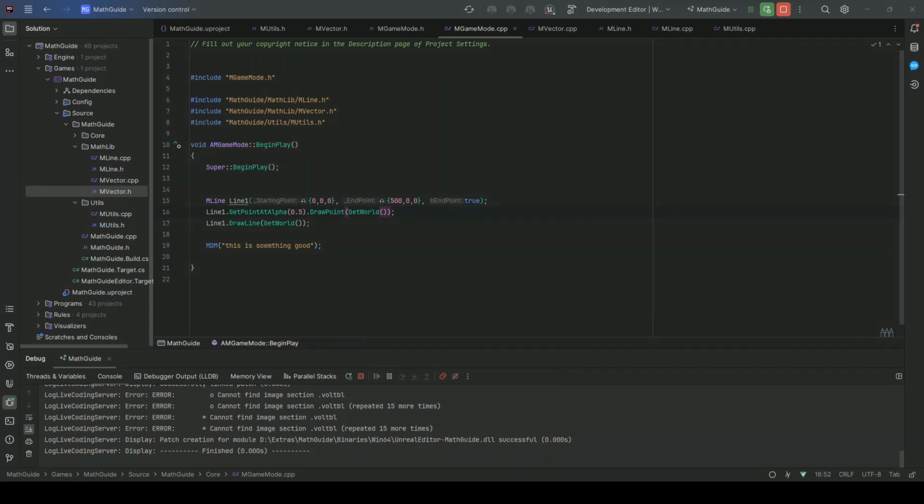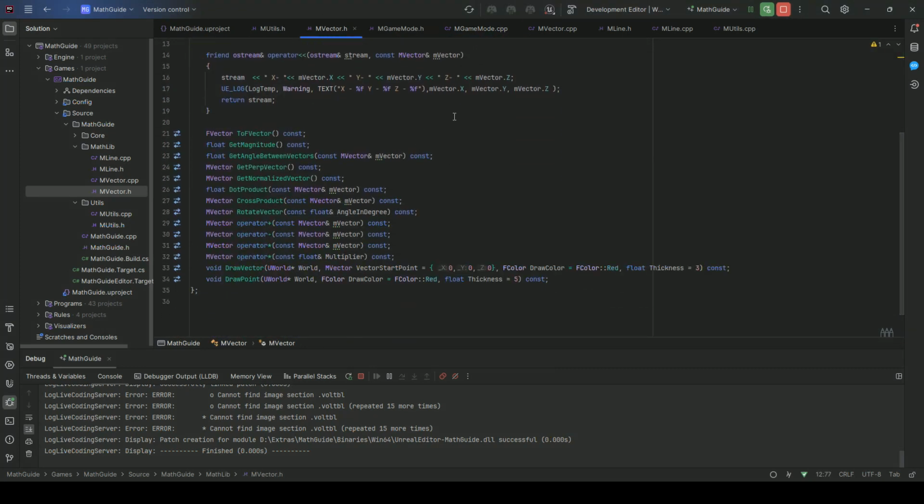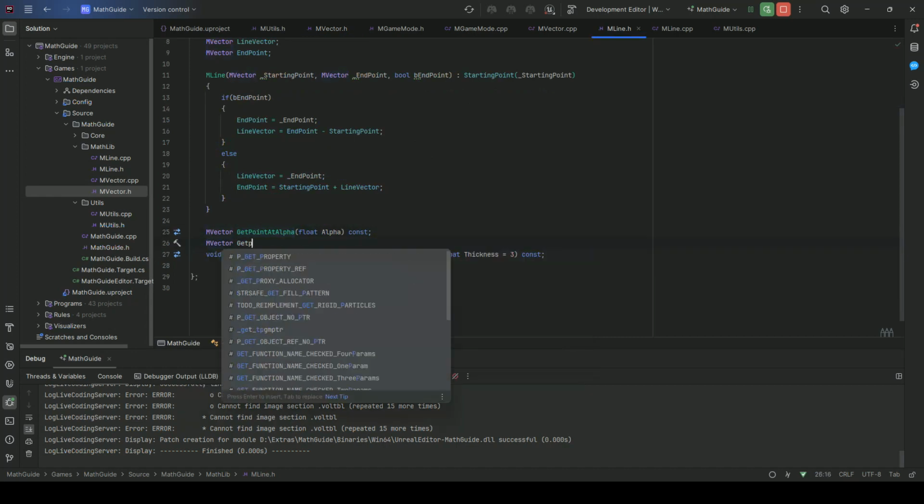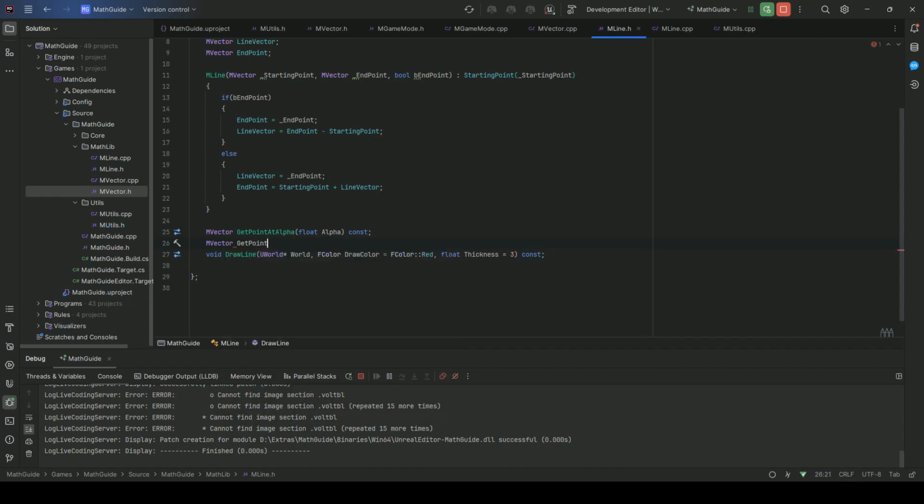Perfect. I hope you have tried. So let me close this. In vector, no, sorry, it will be in the line. So we will write m vector get point while intersecting with line, and in this case const m line, it will be constant.